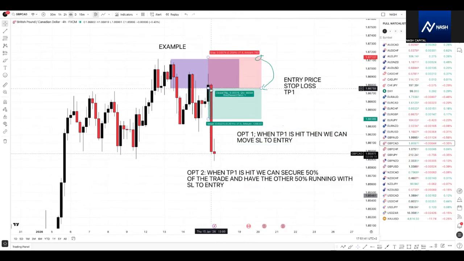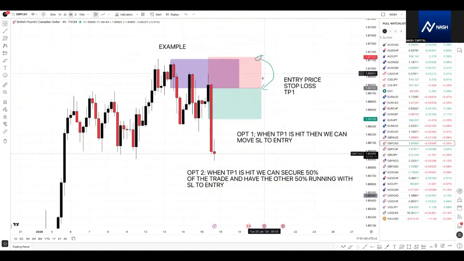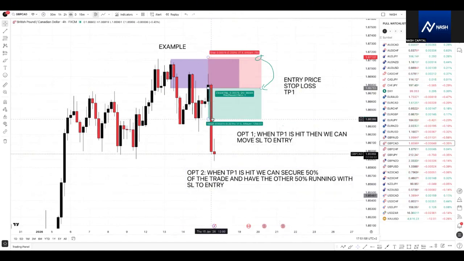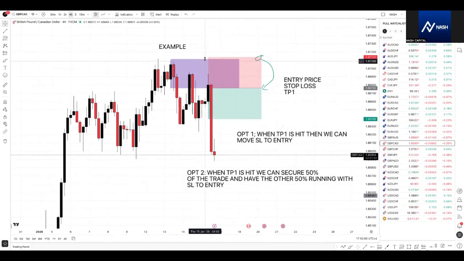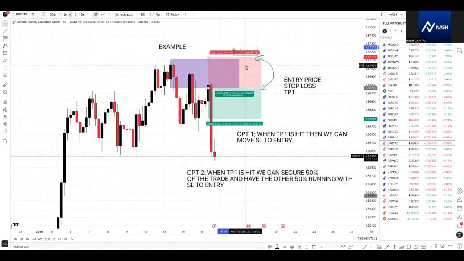If we take a trade there, price drops, hits our first target, you can either move your stop loss to entry and hold for a swing. Then you will close the swing when you feel comfortable with the money that you're floating. That's number 1. Option number 2, when you hit your TP1, is to move SL to entry and secure 50%. What I mean by that, let's say you have one lot open.